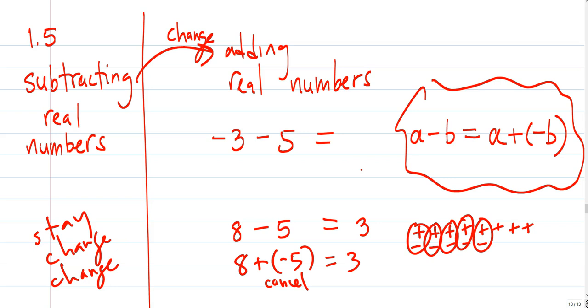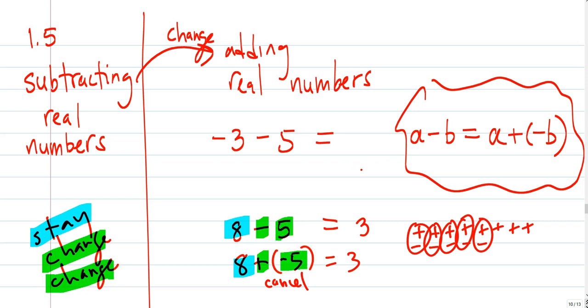Basically the first number stays, and then we change it from subtracting to adding, and then we change the 5 to a negative 5. So I could do the same thing up here. Negative 3 minus 5 is the same thing as negative 3 plus negative 5. Stay, change. The negative 3 stays. We change it from subtracting to adding, and we change the 5 to a negative 5.